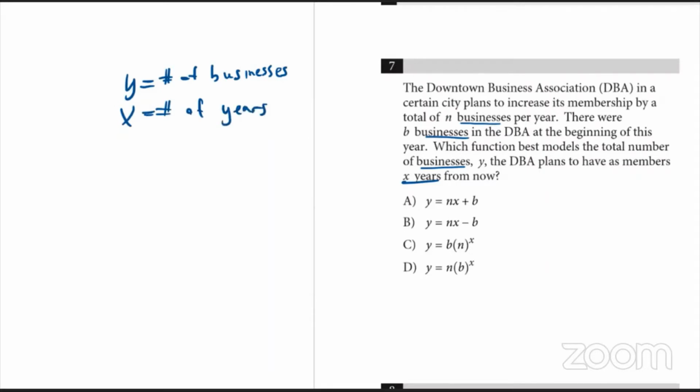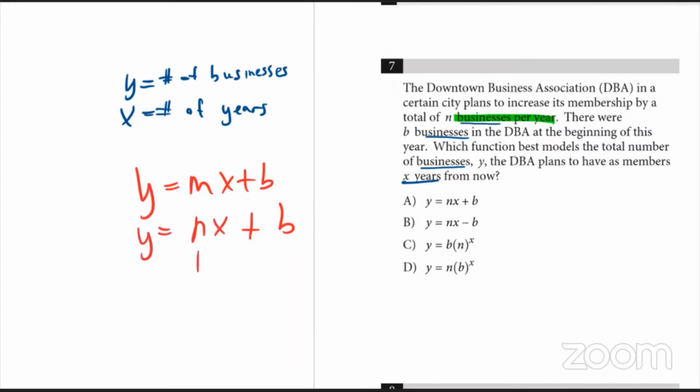Now we know this is linear because it's increasing by a certain number of businesses per year. So every time X increases by 1, Y is increasing by the same amount, but we need to figure out what that is. The basic structure that we see time and again on the SAT is Y equals MX plus B. We started with B businesses, but we're increasing at the rate of N per year in this problem.